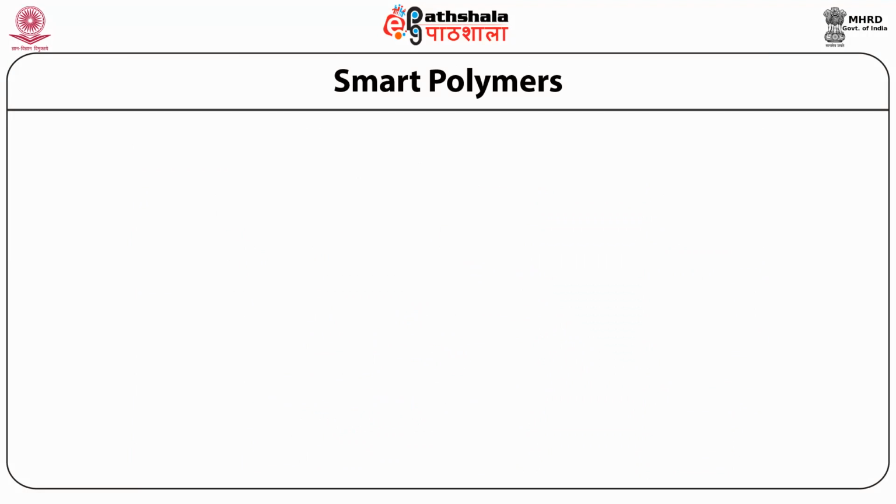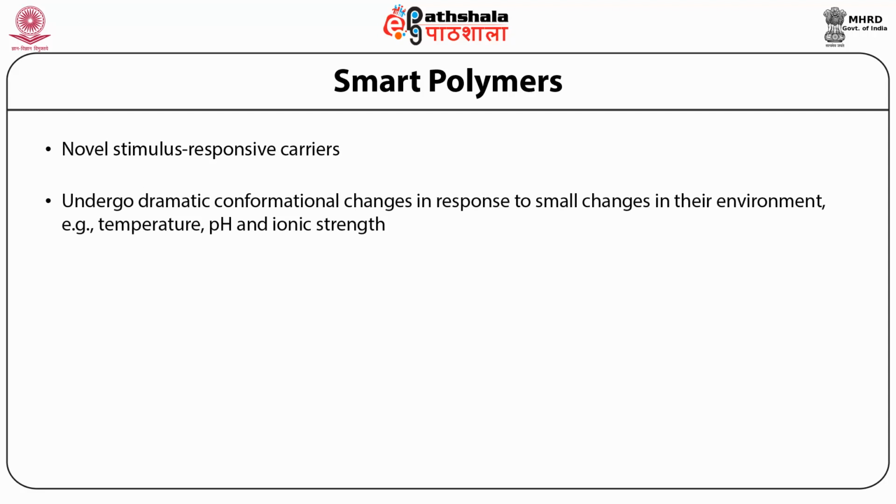Let us discuss smart polymers. So what are smart polymers? They are novel stimulus-responsive carriers. They undergo dramatic conformational change in response to a small change in their environment, like temperature, pH and ionic strength.